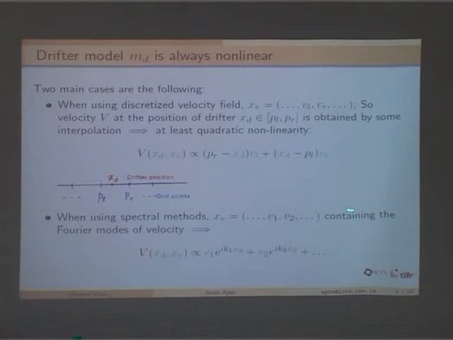If V1, V2, and so on are the Fourier components of the velocity field, then the velocity at point xd is V1, the Fourier component, times the exponential of the Fourier mode, and so this is again a nonlinearity, not a quadratic nonlinearity anymore. So in general, the model MD cannot be but nonlinear.